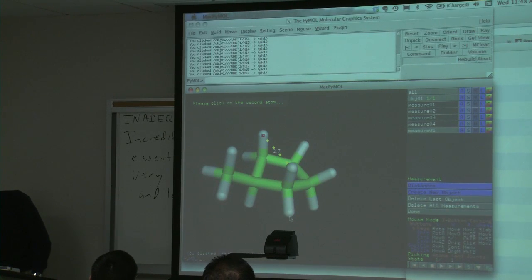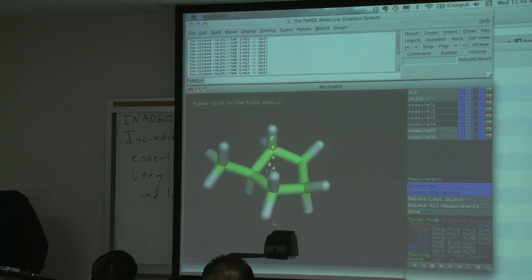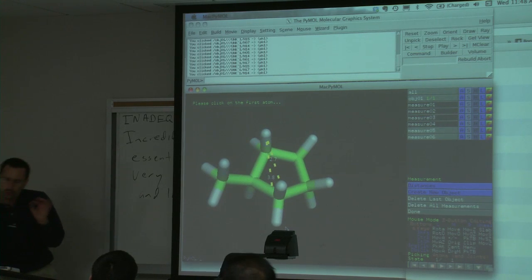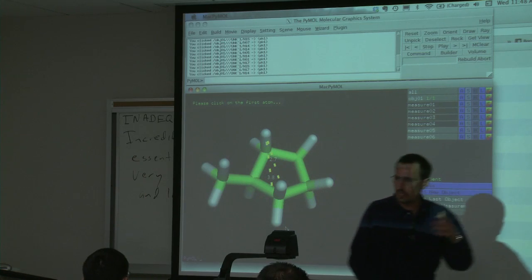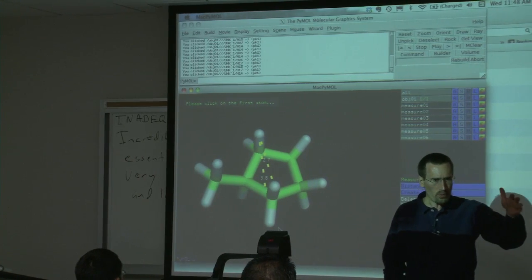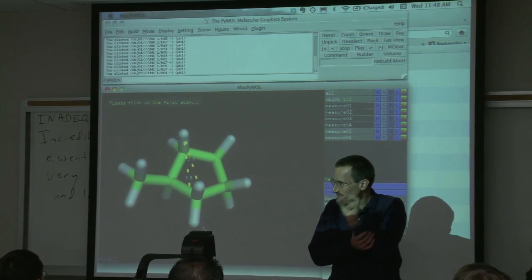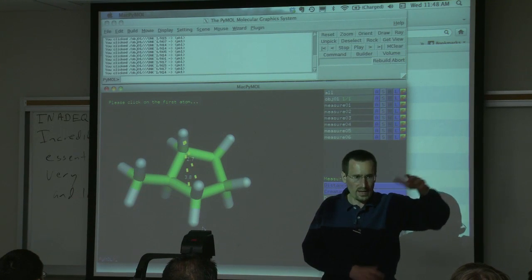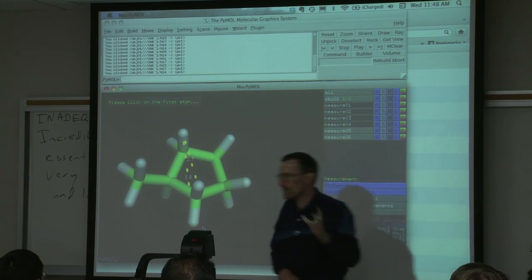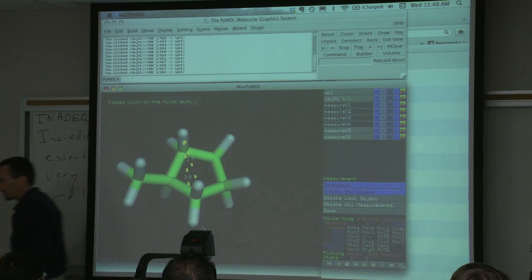So here in the trans, it's 3.8 angstroms. Remember how I said NOEs fall off as distance to the inverse 6 power. 3.8 angstroms is going to be a very, very small NOE, just a small percentage of what a close NOE would be. So that can be really, really diagnostic.